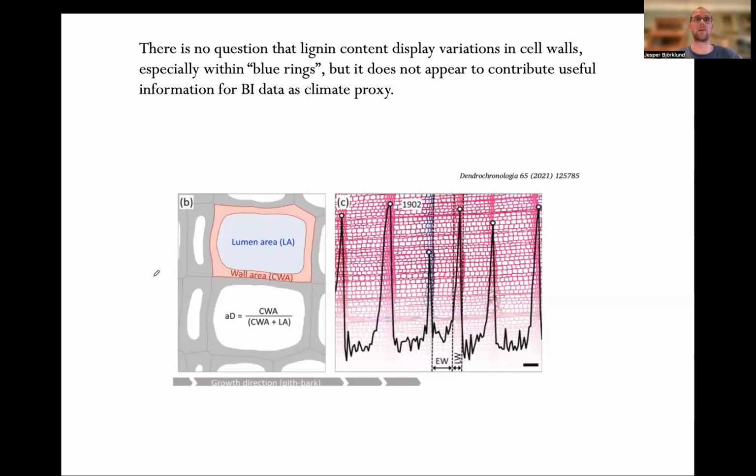So even though there is no question that lignin content displays variation in cell wall, and especially in blue rings, it does not seem to have a significant contribution on the climate information that we can obtain from BI as a climate proxy.